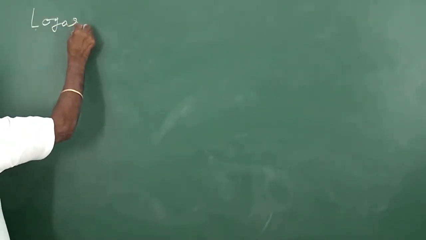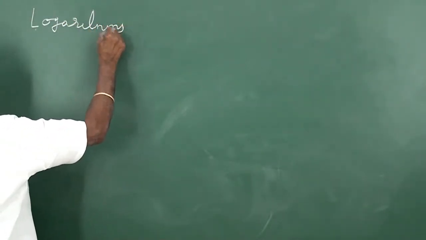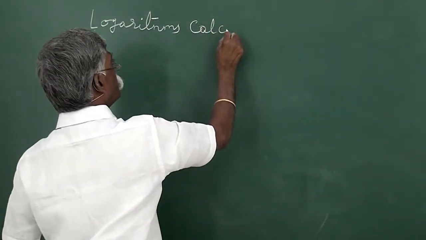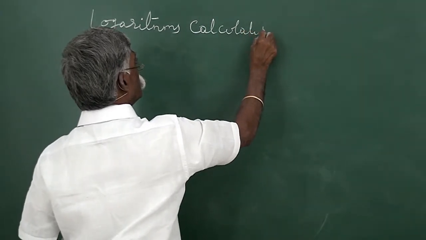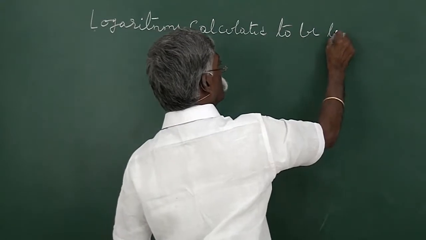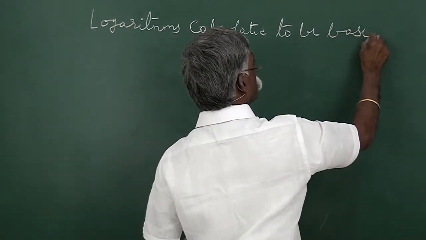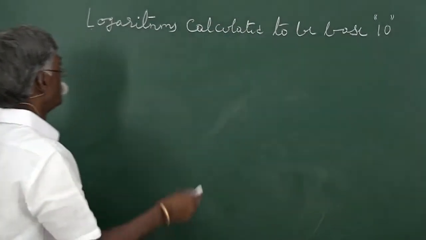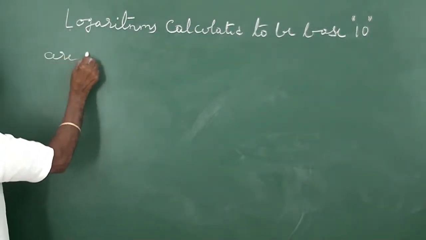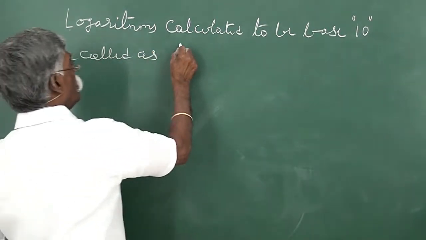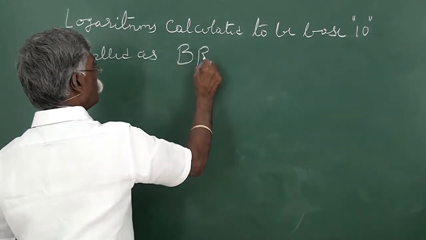Now, logarithms calculated to the base 10 are called Briggs logarithms.